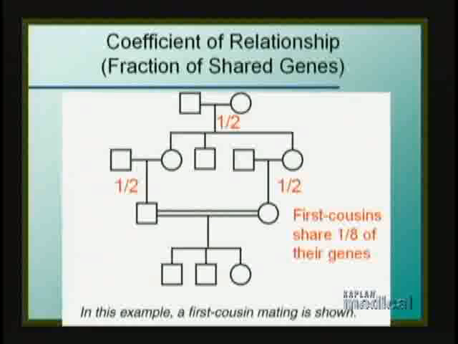The female got another 1/2 of the genes from her parents. So we can determine that they share 1/2 times 1/2 times 1/2, or 1/8 of their genes in common. The fact that they have 1/8 of their genes in common means that they are more likely than a random couple from the population to have a child with some genetic disease.